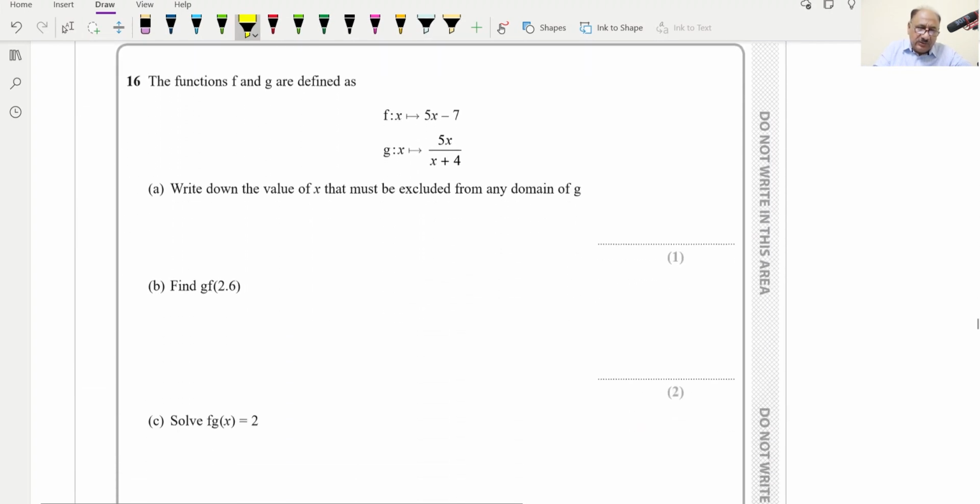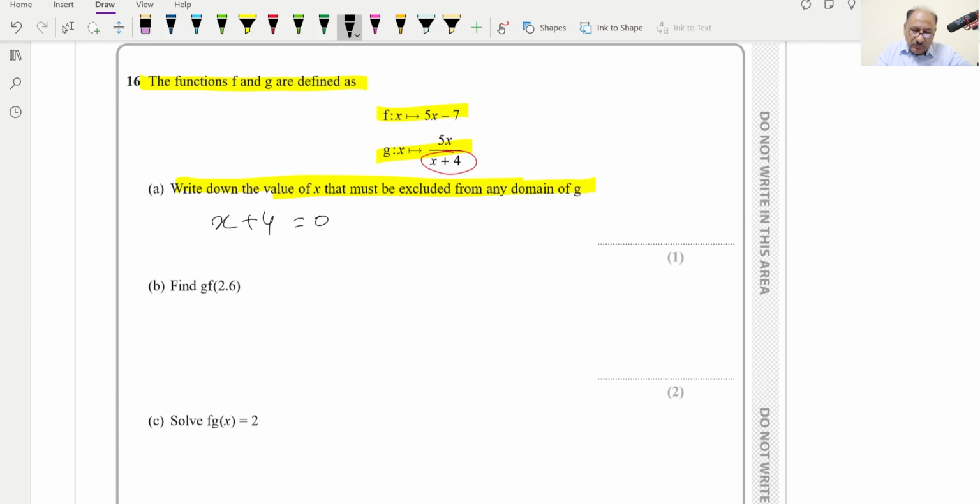Question number 16 says the functions f and g are defined. These are the functions. Write down the value of x that must be excluded from the domain of g. So for that, we will be checking the denominator of g, and the denominator of g should not be 0, otherwise it will be an indeterminate form.